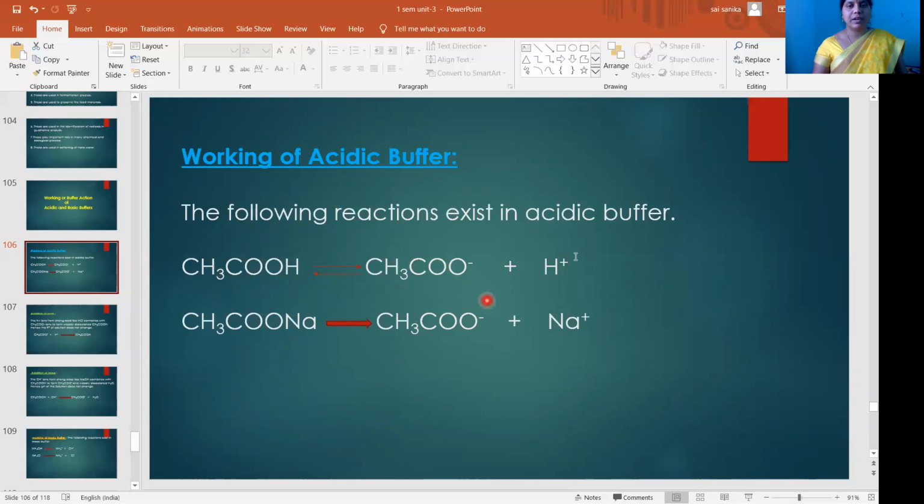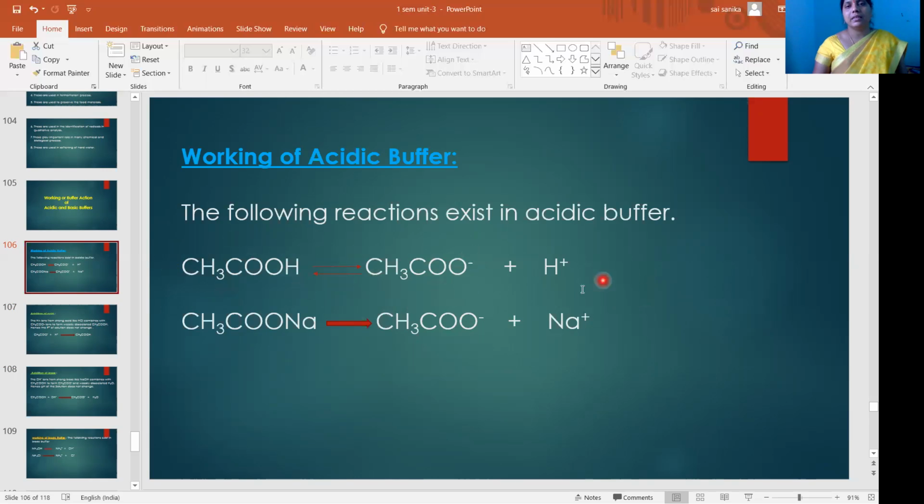To this mixture, if you add acid, what happens? When you add acid, H plus ions will combine with CH3COO minus ions and form CH3COOH only, and it is weakly dissociated. When base is added, OH minus ions react with the CH3COOH, and you get CH3COO minus and a water molecule, which is also weakly dissociated.